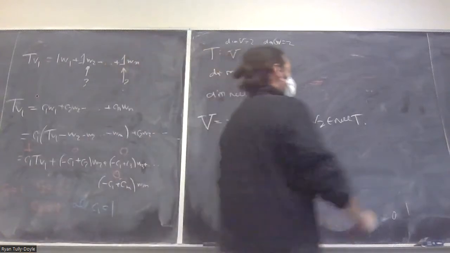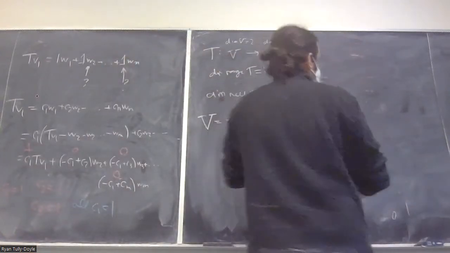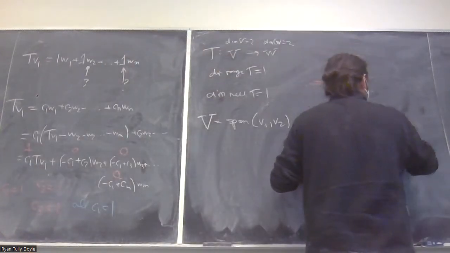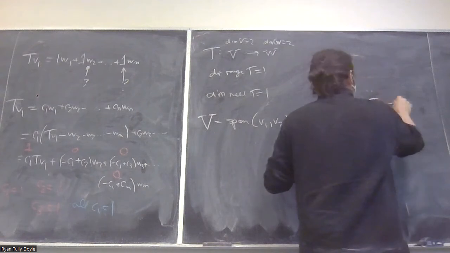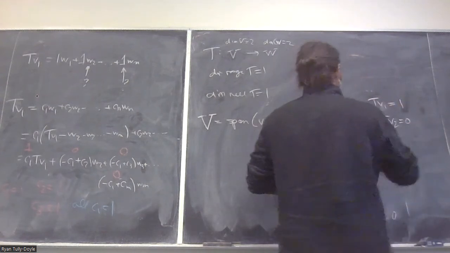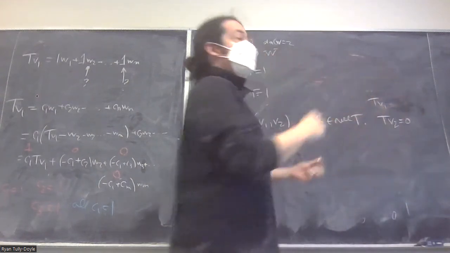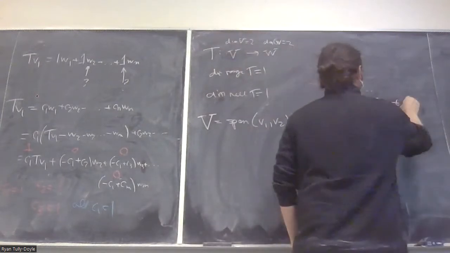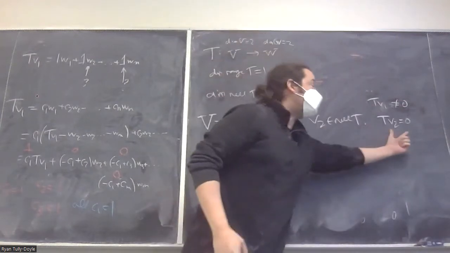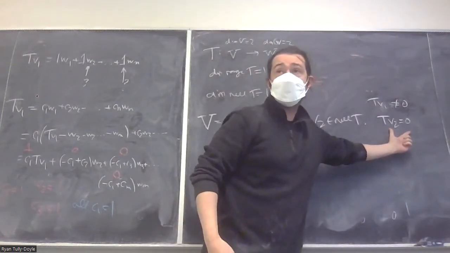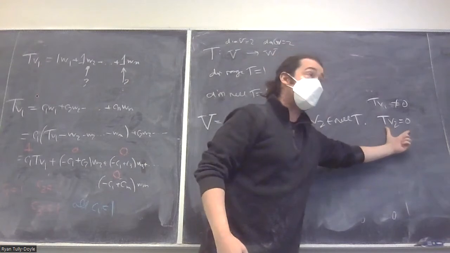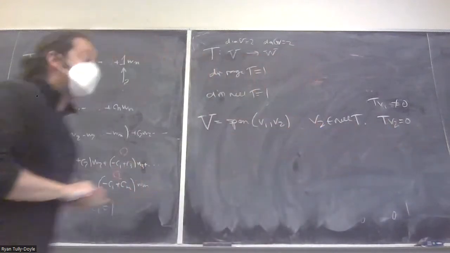So what do I know here? I know that with this basis, T of V2 is equal to 0, and T of V1 is equal to, well, TV1. It's not equal to 0. This isn't going to work, because if the output is 0, then all the coefficients will be 0. I have a column of the matrix that has zeros in it, but this gives me a starting place.